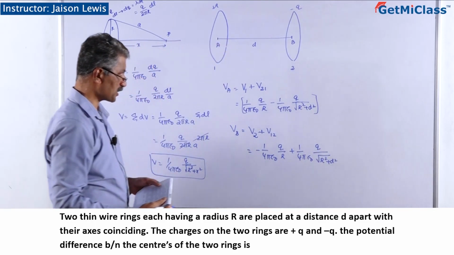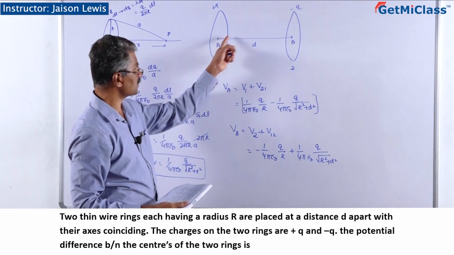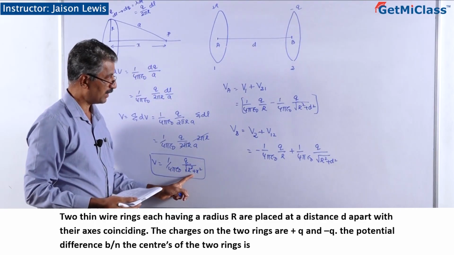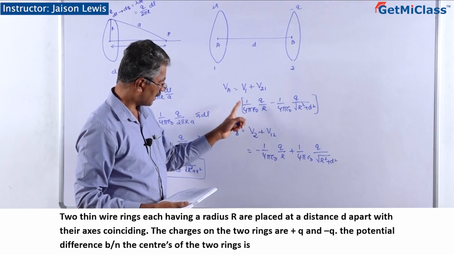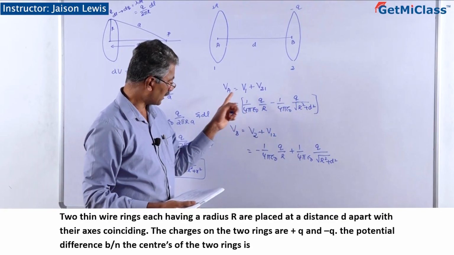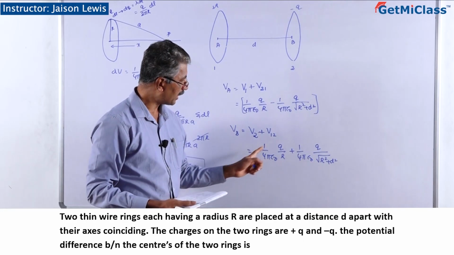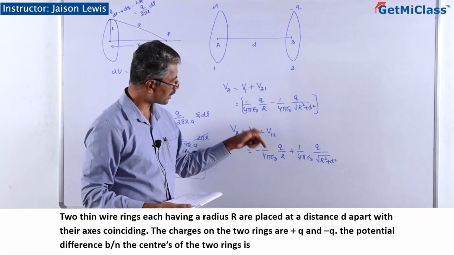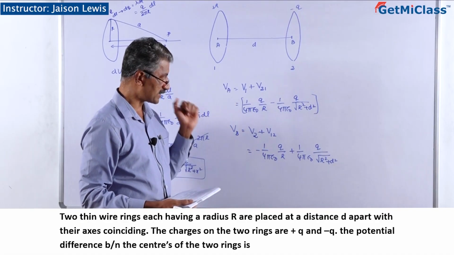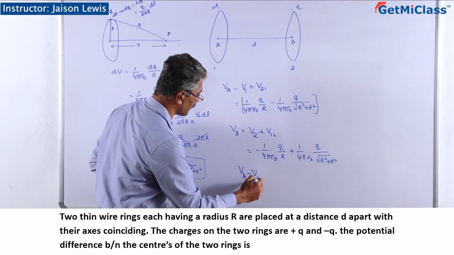When you consider potential A as well as potential B, we know along the axis the potential decreases. If you consider the potential at A, q by r is positive, but the second term is negative. Whereas at B, the second term is positive, which has a lesser value, and the potential due to the negative charge is greater. Therefore, VB is less, VA is greater. Therefore, we find the potential difference VA minus VB.